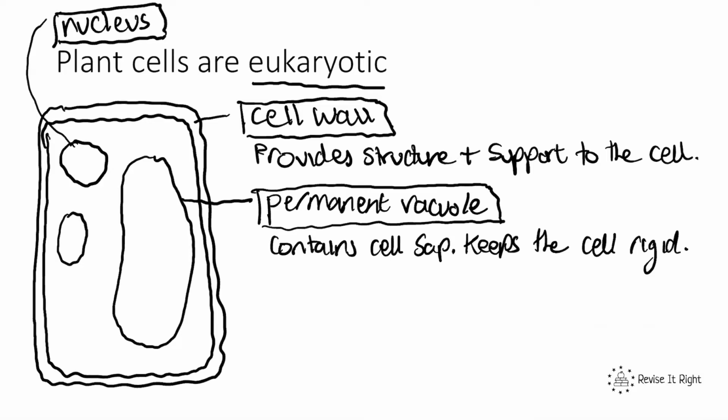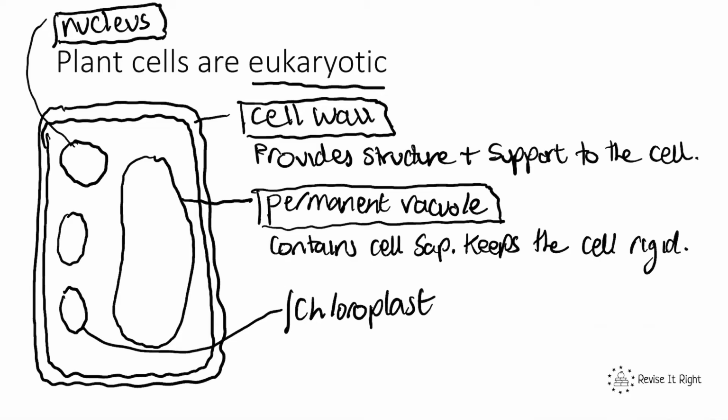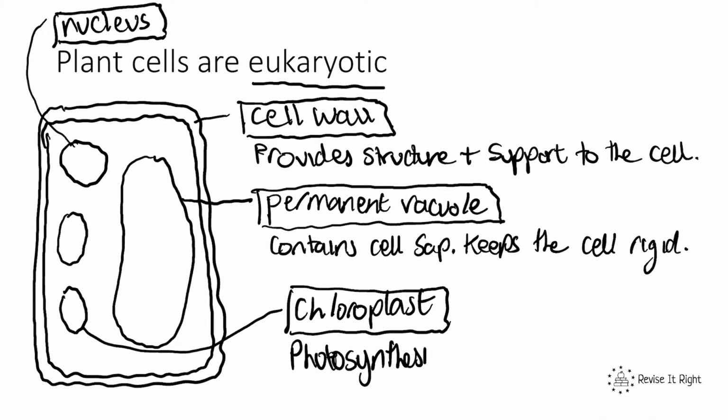These large structures here are actually chloroplasts. Okay, so these large structures here are chloroplasts. Now these are green structures, and it is where photosynthesis happens in the cell.